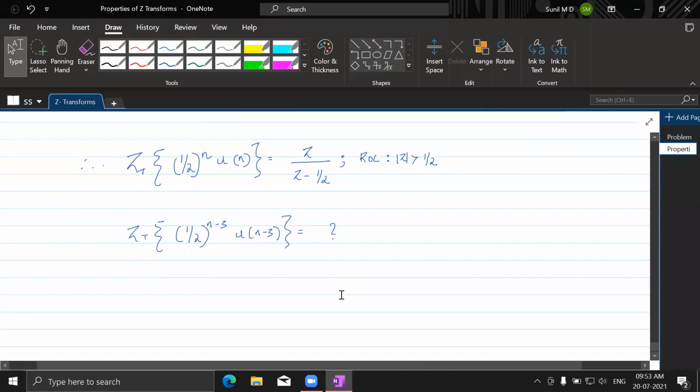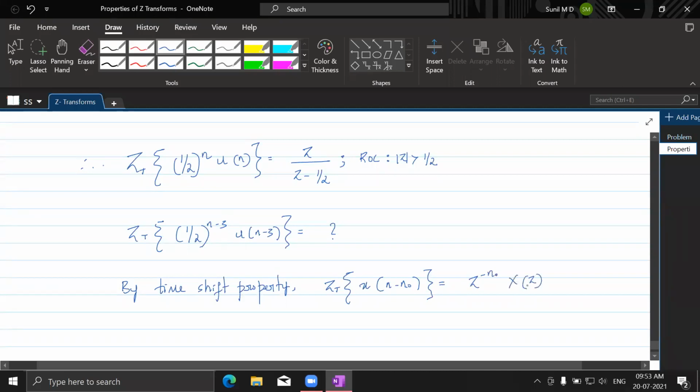So which property would we use? By the time shift property. We know that the Z transform of x of n minus n naught is z to the power minus n naught into the Z transform of x of n. Here the basic signal is x of n, because the shift is minus n naught.